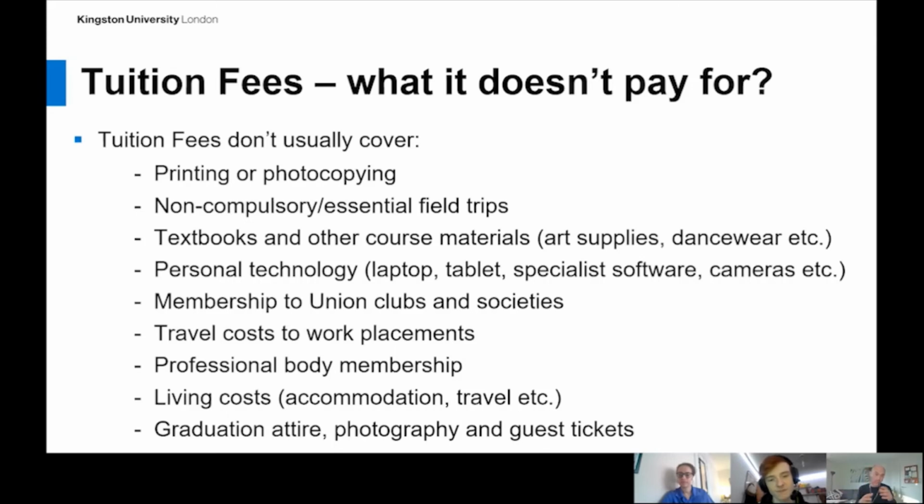Some courses require more purchases of those things than others, art and design being an easy example. And to reiterate what Liam said, living costs as well. Your tuition fees wouldn't usually cover things like accommodation, or travel to campus.